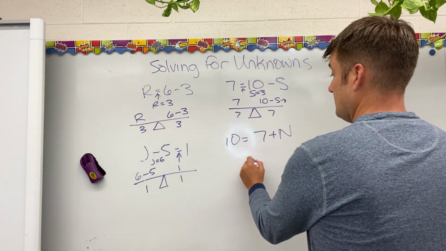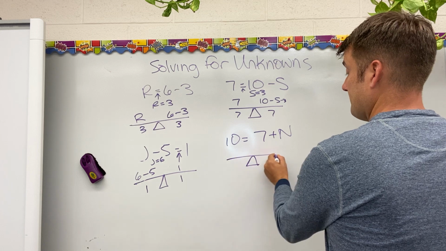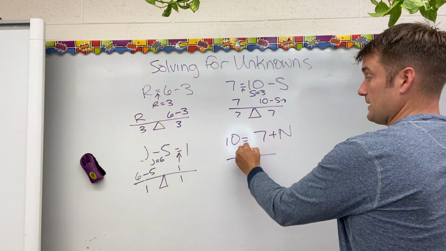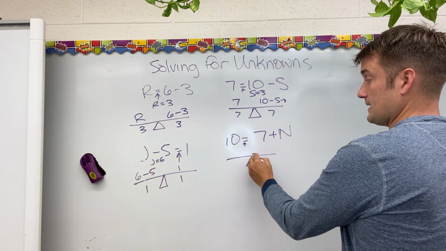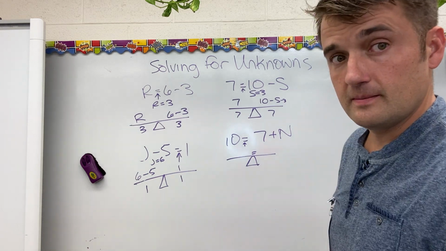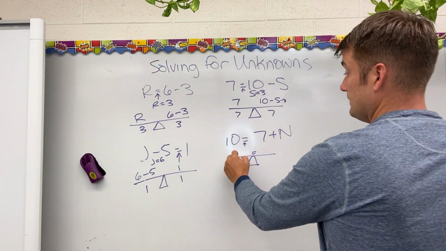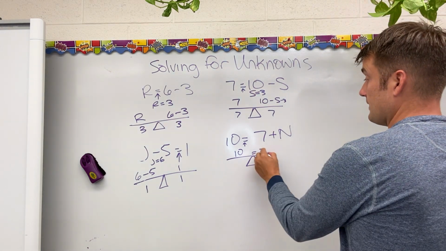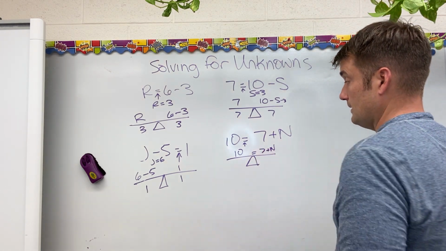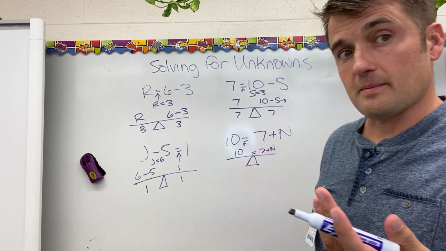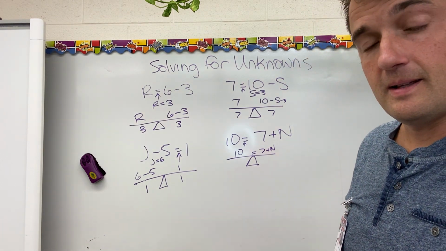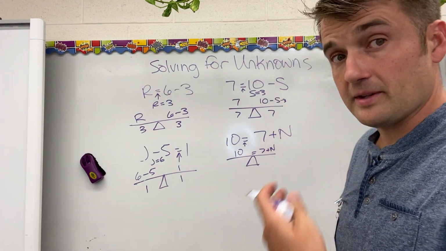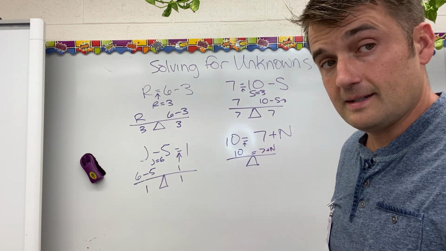Here's my seesaw. 10 is, here's my equal sign, right? This is like the equal sign right here in the middle. 10 is on this side. On the other side, it's 7 plus n. So let me just think about this, okay? 7 plus something makes 10.